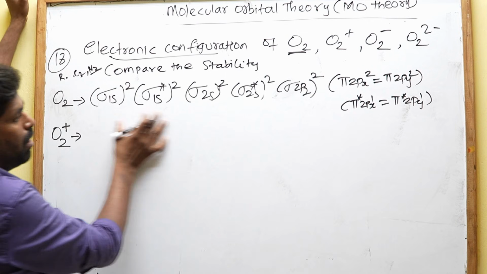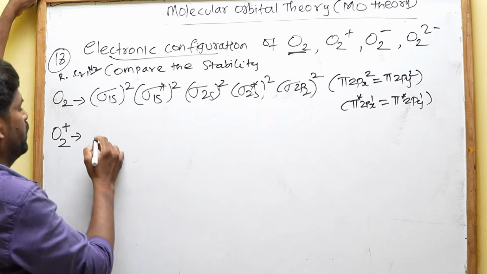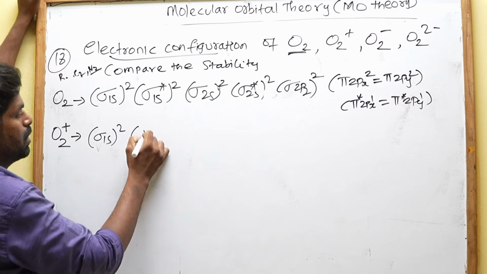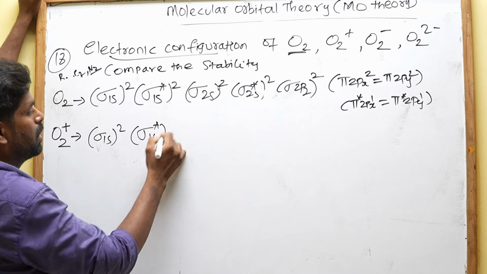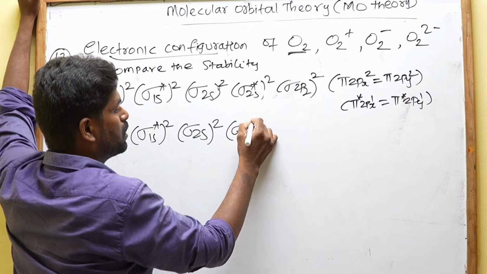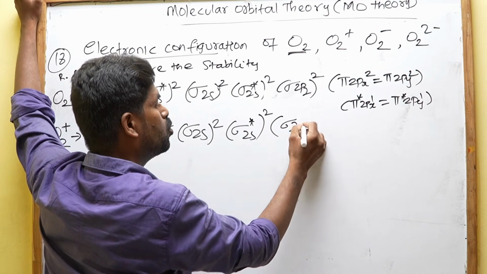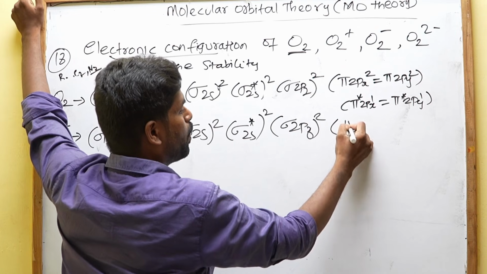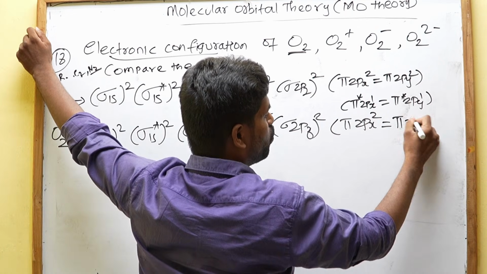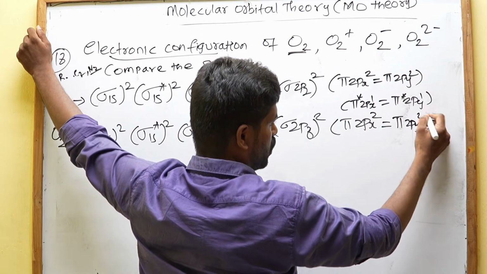Similarly for O2 plus. In this case all the orbitals are same except this. Let me write sigma 1s 2 electrons, sigma star 1s has 2 electrons, sigma 2s has 2 electrons, sigma star 2s has 2 electrons, sigma 2pz 2 electrons, pi 2px 2 electrons equals pi 2py 2 electrons.